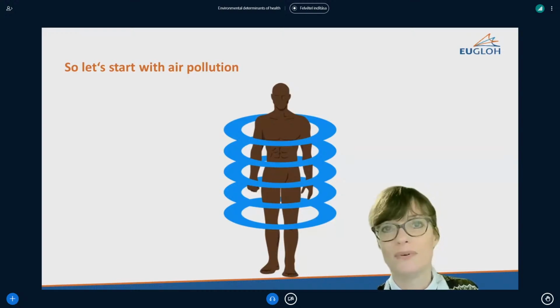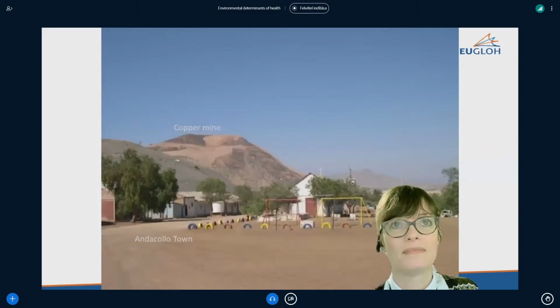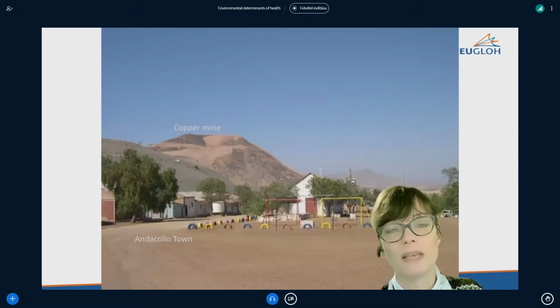So let's travel to Latin America. The town is small. The landscape is typical for the desert in the north of Chile. And another aspect is similar to many communities in the north of Chile. There is mining going on.